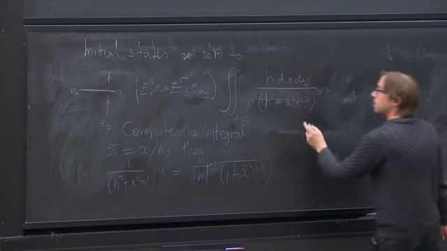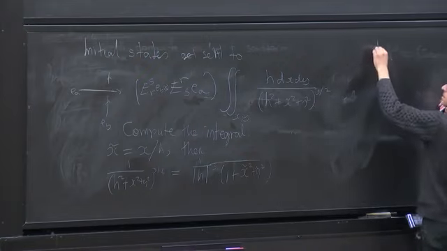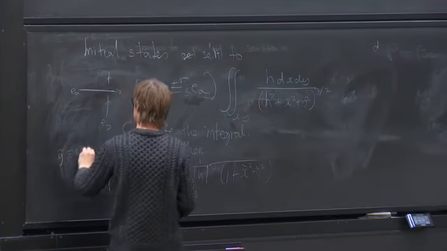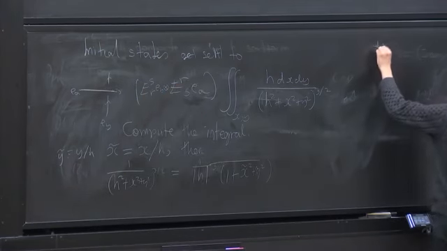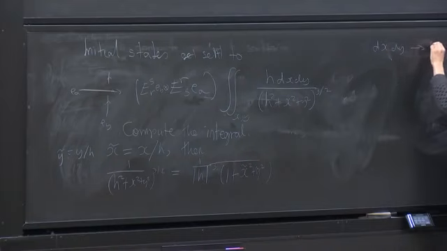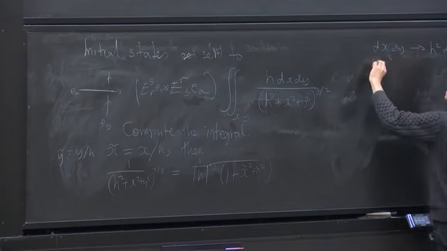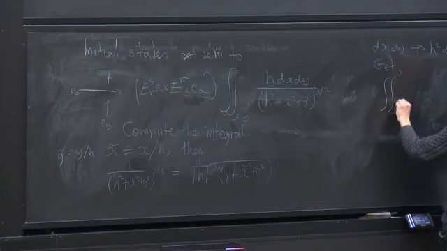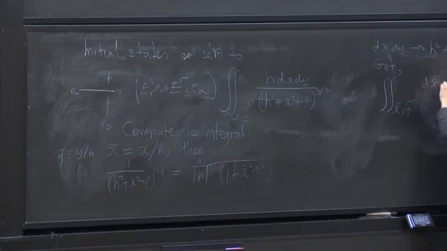Okay. So similarly, y tilde, need something very trivial here. Similarly, dx dy becomes h squared dx tilde dy tilde. So we get the integral x tilde y tilde dx tilde dy tilde over (1 plus x squared plus y squared) to the 3 over 2.